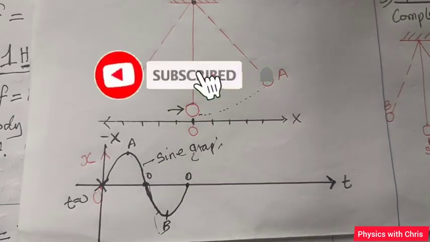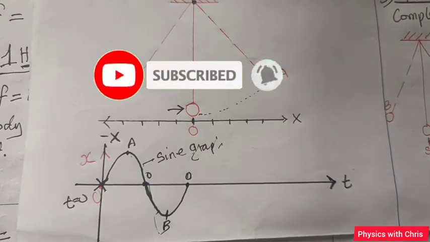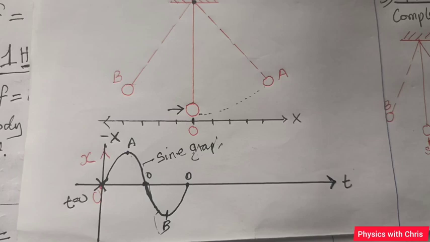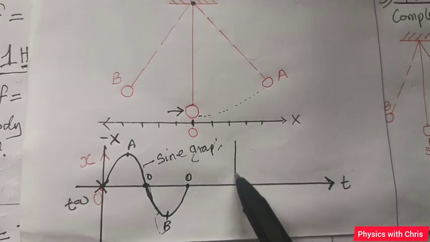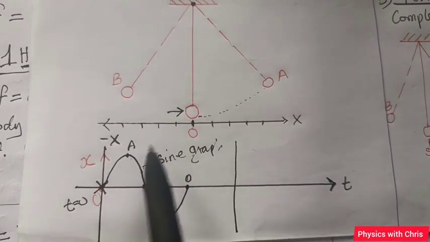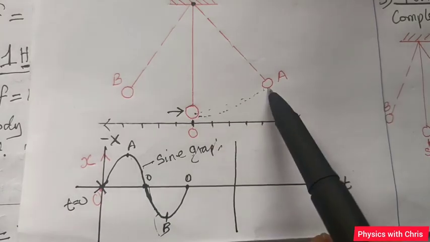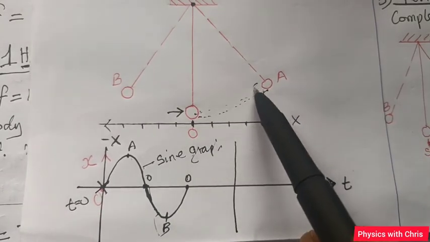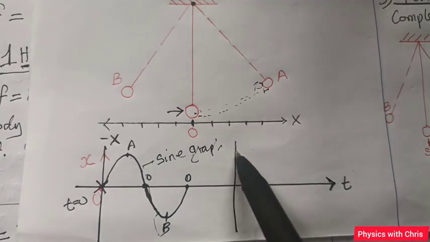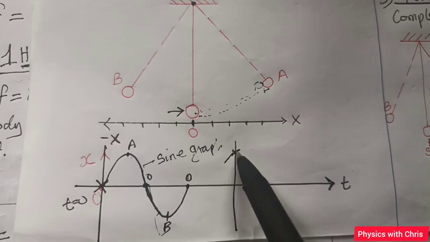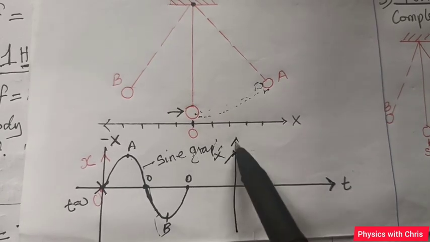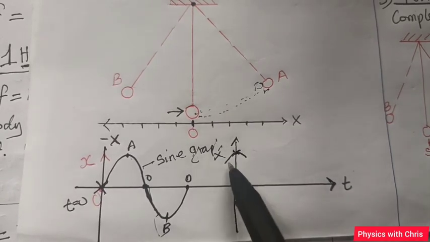Similarly, you can use a cosine graph to represent the displacement-time graph of this body. How do we achieve that? In that case, we are going to start the displacement, let's say, from point A. First of all, displace the bulb, move it to point A, before I release it. At point A, the body already has a maximum displacement, represented by this portion of the graph.